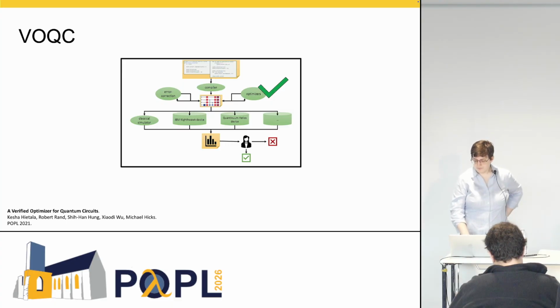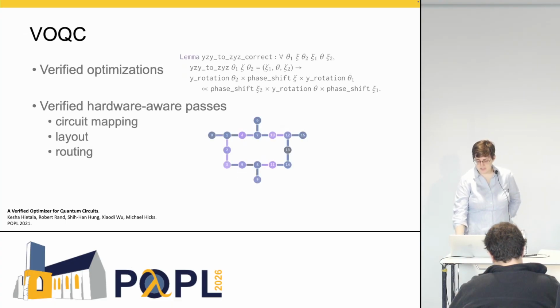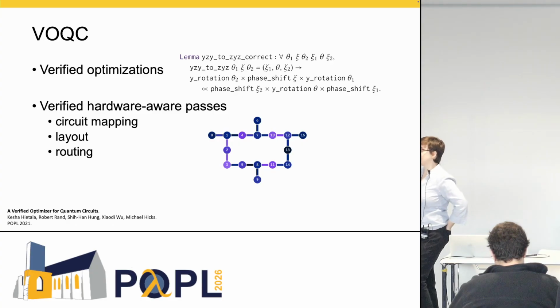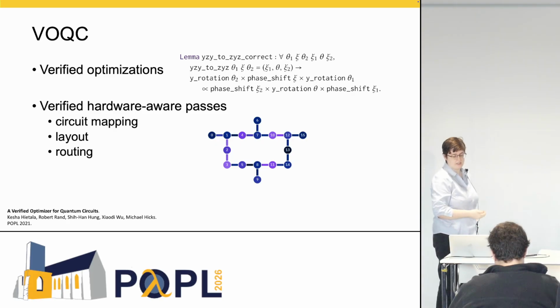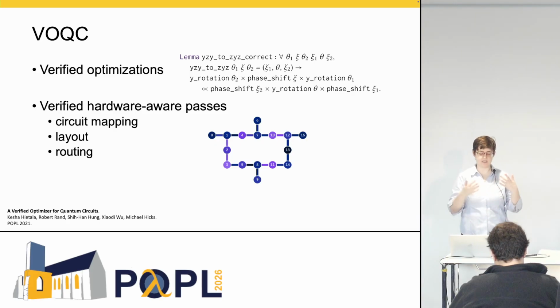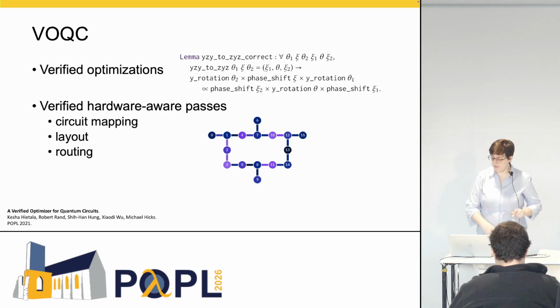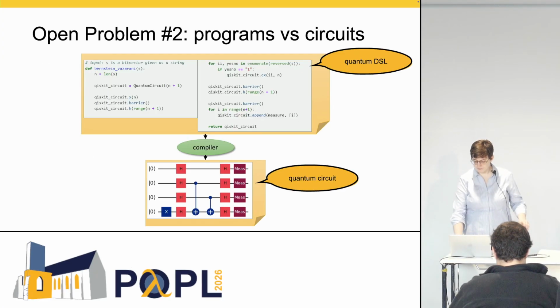In this workflow, it's a verified optimizer. It's able to take equivalences of circuits and verify their correctness using this semantics, and it also has verified other kinds of optimization passes, like hardware-aware passes for circuit mapping, layout, and routing. So, a fully verified optimizing compiler.